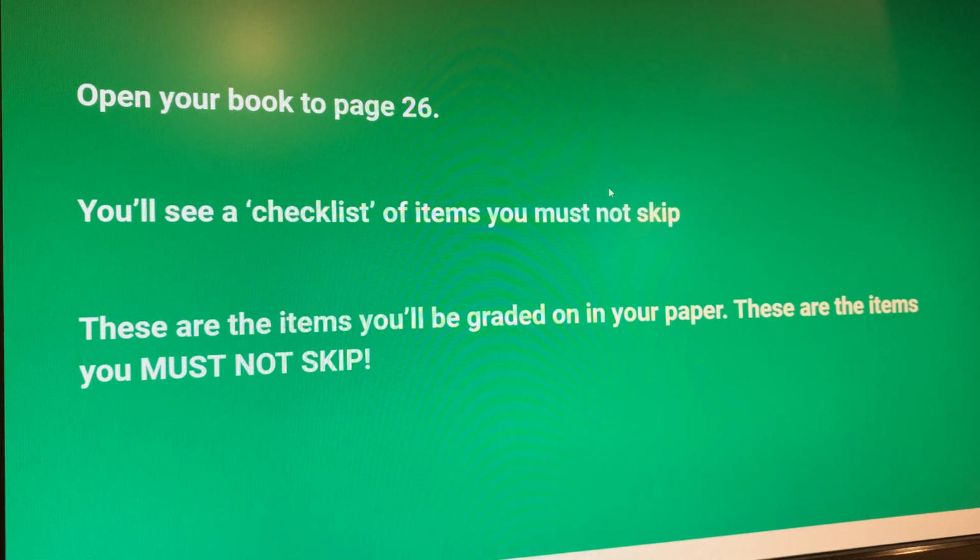Elements of style. They're asking that you use strong verbs, at least one strong verb, and you need to underline at least one in your writing, and that you make sure you underline it for your final draft or your final writing piece that you're turning in, and that's going to be worth 5 points.